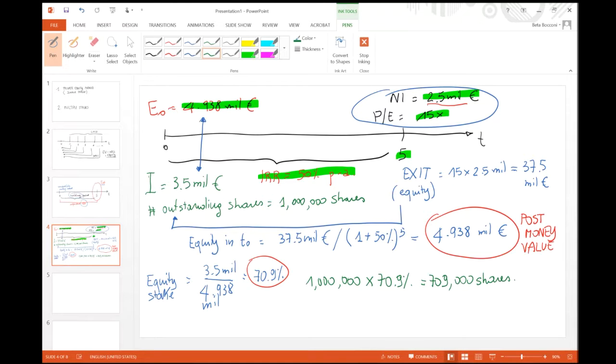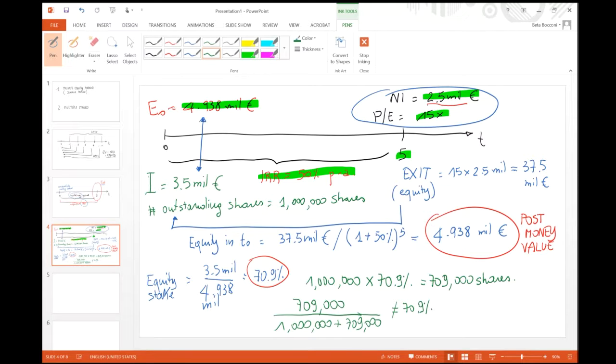However, think about it. If you make a calculation of this kind, you are making a mistake, because if you take 709,000, your equity stake, and you divide it by the number of existing shares pre-capital increase, and you sum 709,000, this value doesn't give you 70.9.